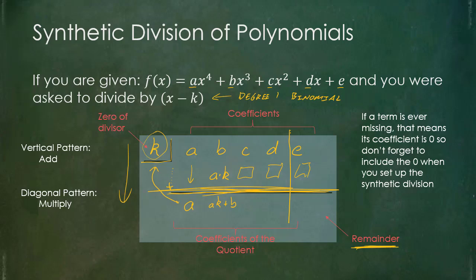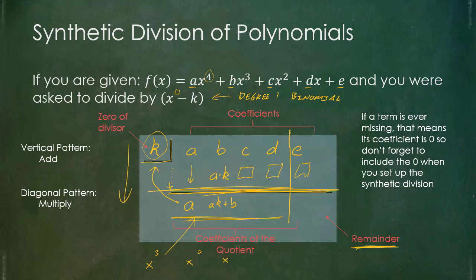Whatever is in this area over here could be a list of multiple numbers. In this case, it more than likely would be a list of 4 different numbers. Those become coefficients of the quotient, so I can then throw x's back on. If I took a power of 4 for this example and divided by something that has a power of 1, my new power would start with 1 less than the power I started with, so it would start with x to the third, then x to the second, then x, and then my constant.